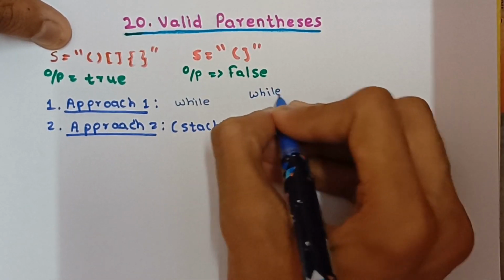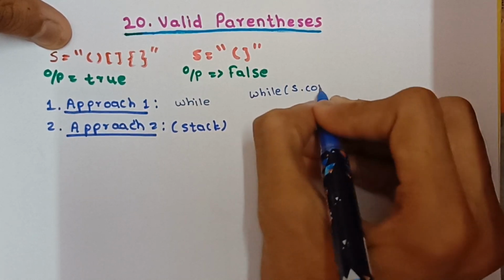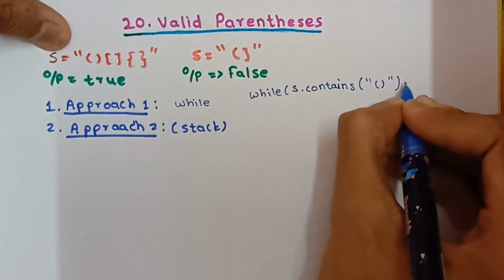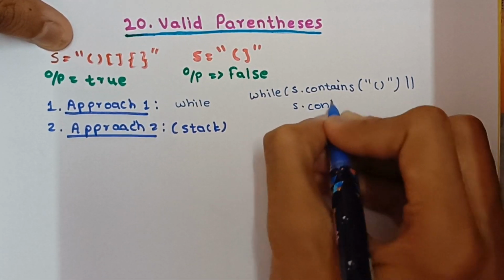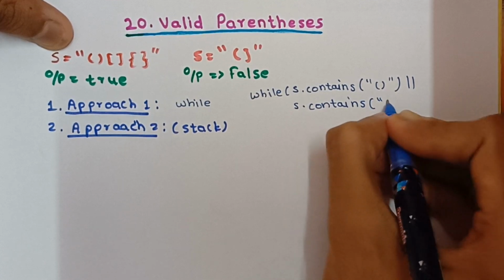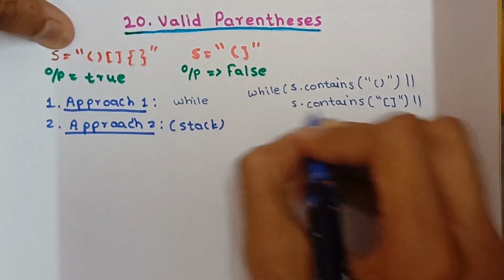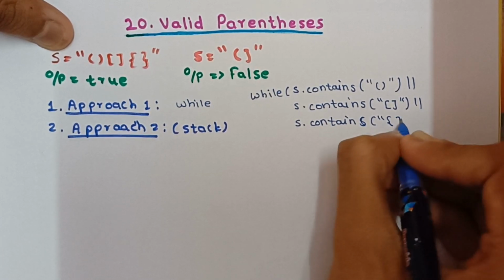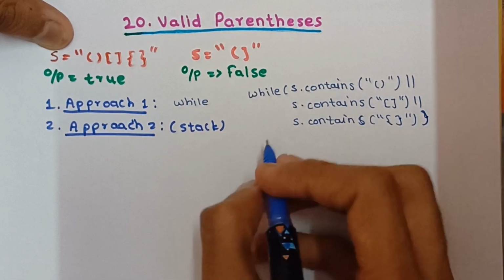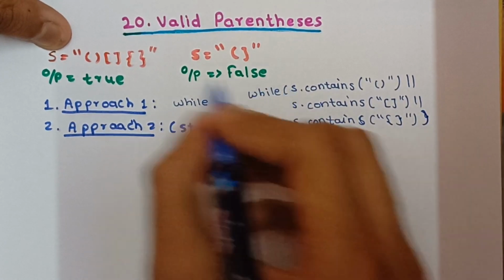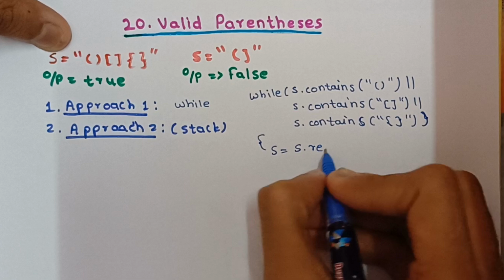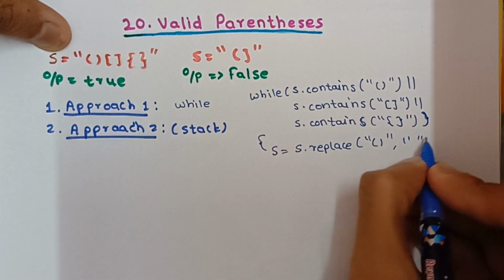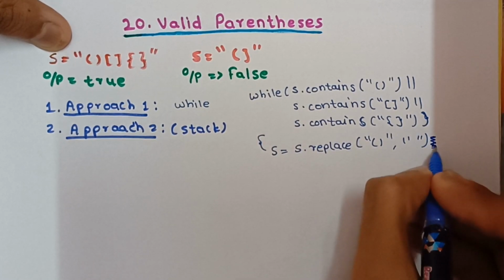Here we have to put the while loop. While s dot contains this pair, or s dot contains this pair, or s dot contains the curly brackets, if it contains any of these, then we will replace, meaning the original s will be replaced by this, replacing this pair by empty, we have to make it empty.